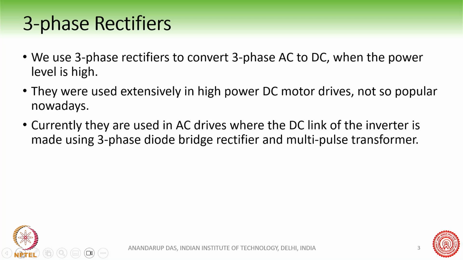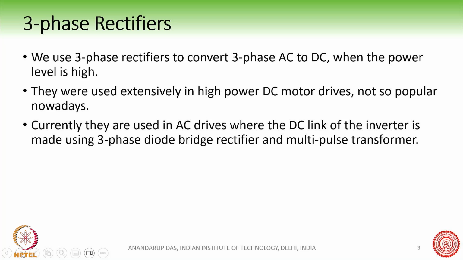But it is used very much in AC drives, for example induction motor drives, where you might recall that we use a rectifier at the front side to connect to the AC grid and rectify that AC into a DC voltage, which forms the DC link of the inverter, and this inverter is then used to drive the AC motor.